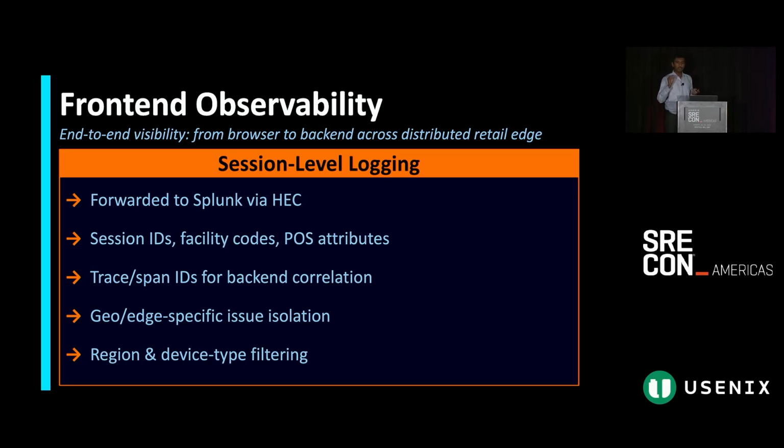So if a browser crashes or if any error happens at the browser level, that data is captured along with the other details like facility code or session ID, all the key value attributes from the browser level, which is very useful if you want to track at a particular user level. That's being collected and shipped to Splunk or Loki, whatever the mechanism. So that will be helpful if you want to troubleshoot a particular geo level location.